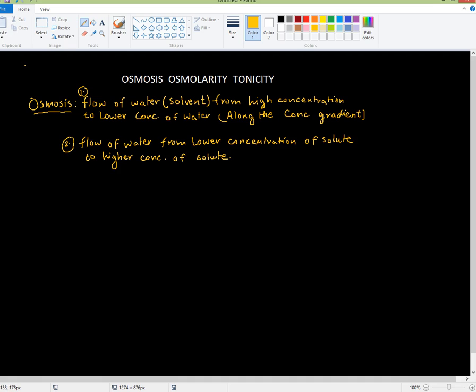The reason is, osmosis is a passive transport mechanism.